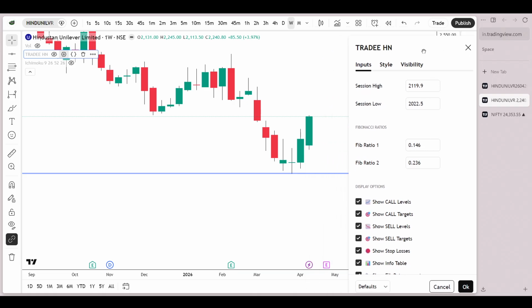Because I'm planning to take next week's trade, a positional trade. For that reason I need to mark the previous candle's high and low, so that I get a clear idea where it's going to break out and where I can take entry. Everything I can get based on the previous candle only.